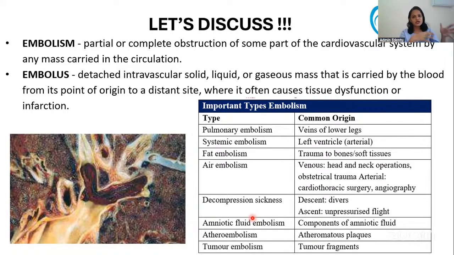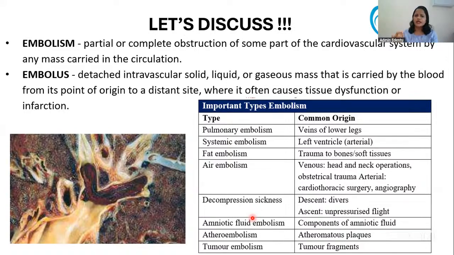This migrated or translocated thrombus, which is causing an obstruction in another place, is called the emboli. And this process is called embolism.